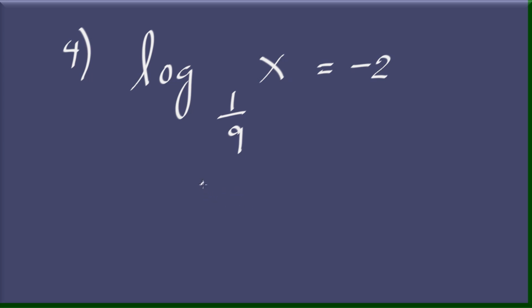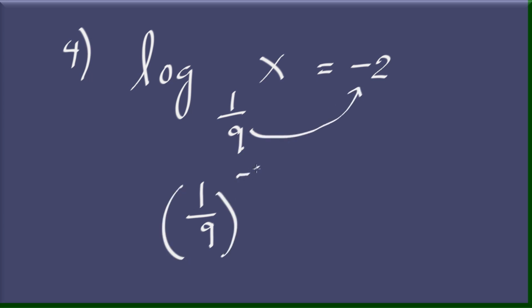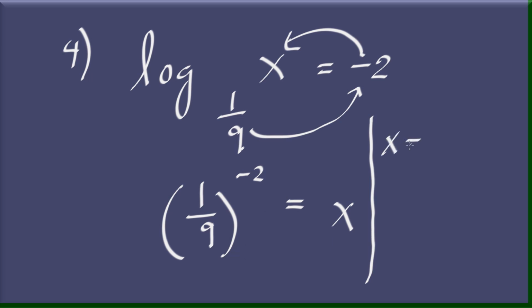Again, the exponential form for this is 1 over 9 raised to the negative 2 is equal to x. We just have to simplify this 1 over 9 raised to the negative 2. So x equals 1 over 9 raised to the negative 2.